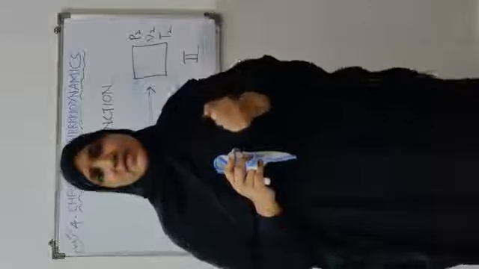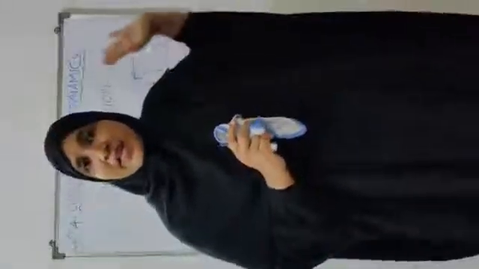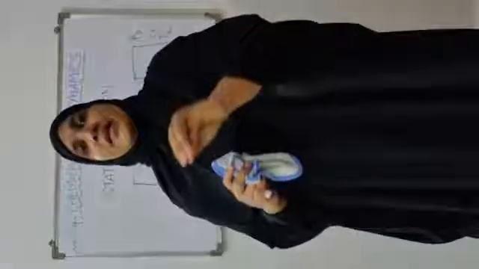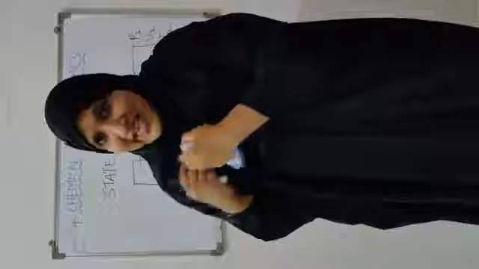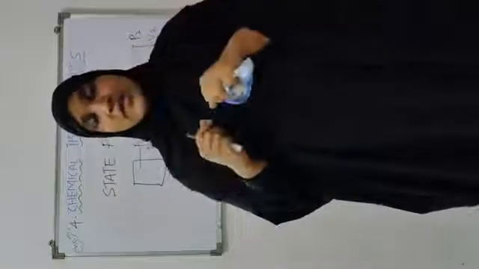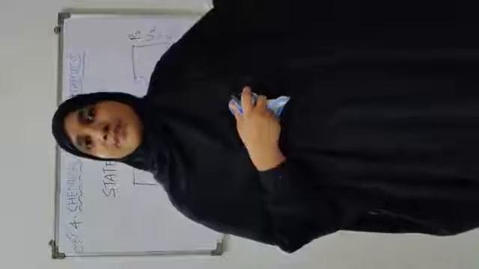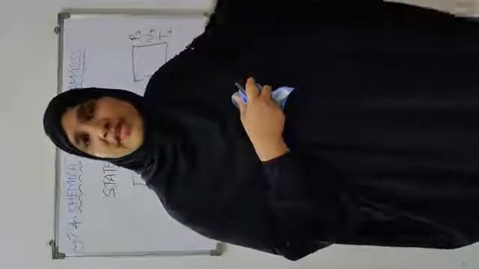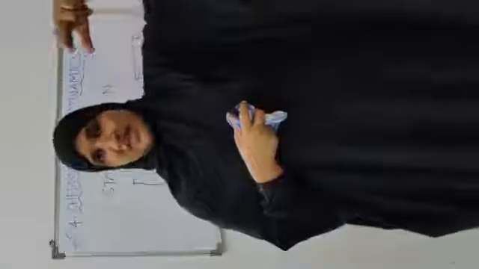Okay, suppose your mother asks you how much water is now left in the tank. You will just say that, mother, the tank is half full, quarter full or completely empty. You are not going to describe that we opened the tap, the water went here and there, and the water came from the pipe to our tank like that.